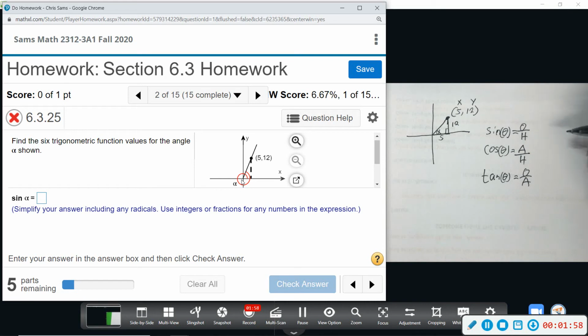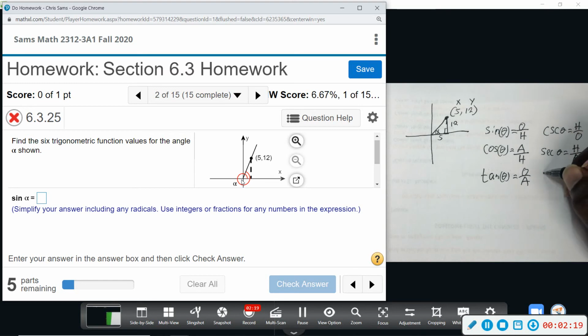Then you have the reciprocal identities. Cosecant, CSC, is just the reverse of sine, so it's hypotenuse over opposite. Secant, SEC, is the reciprocal of cosine, which is hypotenuse over adjacent.